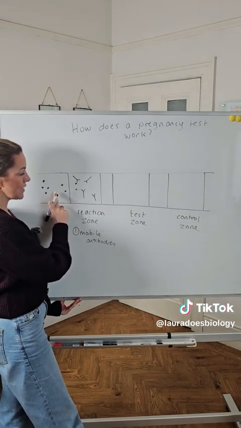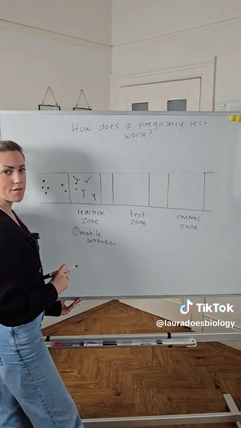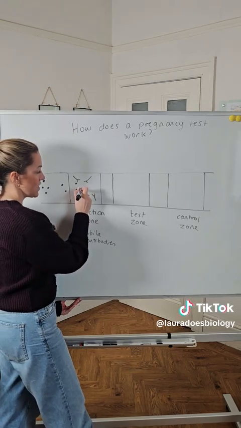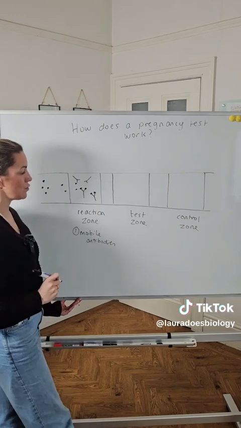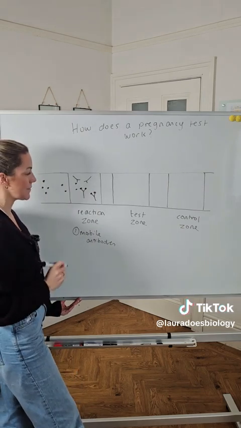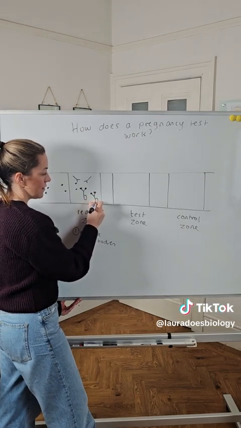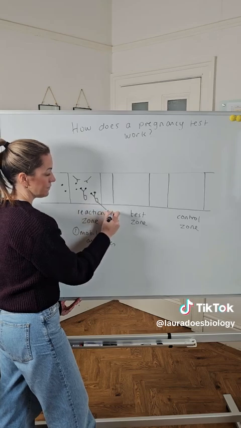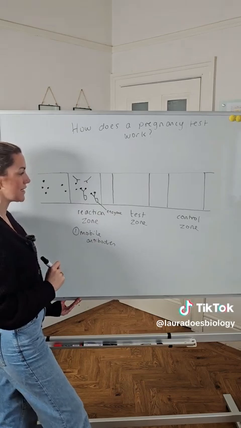So the HCG is moving along, diffusing as the urine diffuses along the test strip. The HCG is going to be able to bind to these mobile antibodies. And these mobile antibodies have an enzyme attached to them. Okay, and that's going to be important to actually see the results of this pregnancy test.